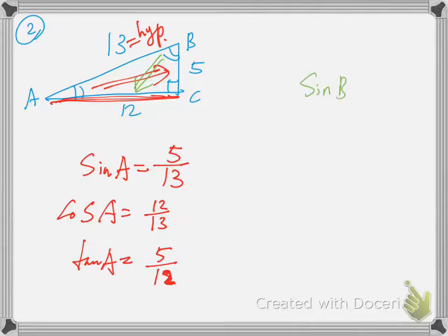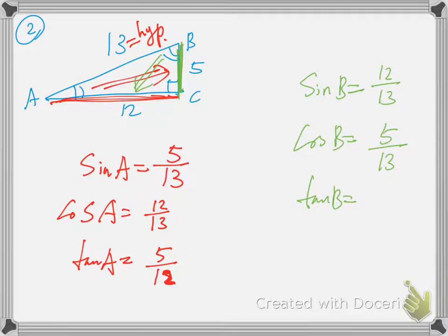sine B is opposite of B over hypotenuse, so it's 12 over 13. Cosine B is adjacent side of B over hypotenuse. And tangent B is opposite over adjacent, so 12 over 5.